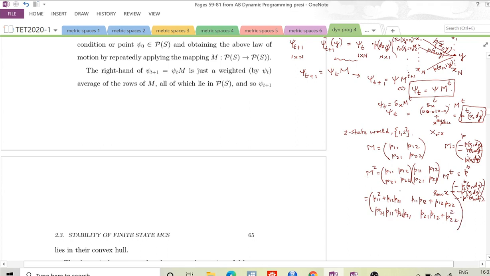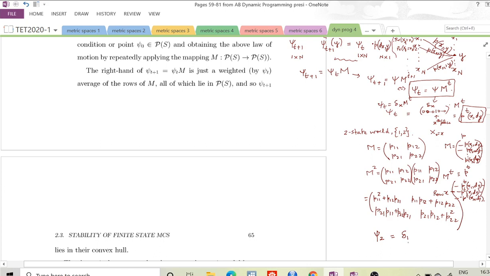That's M squared. So the earlier result will tell us that the marginal probabilities of being in different states at time t equals 2, so c2 here, is equal to, let's say I have a delta 1, so I started in state 1 for sure at time t equals 0.